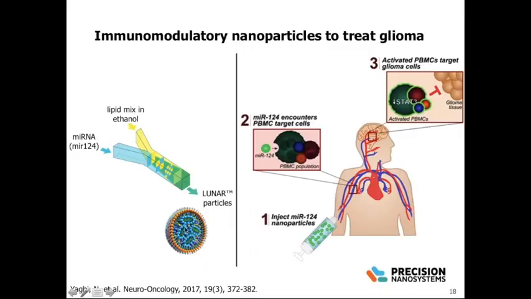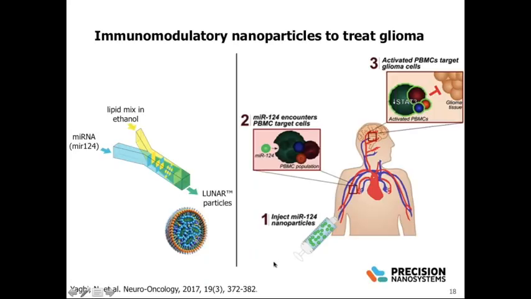And this work was done by a group at Arcturus, a biotech company that is based in San Diego, California. And this group has their own proprietary lipid nanoparticle delivery platform. And they formulated a specific microRNA called miR124 into these lipid nanoparticles.